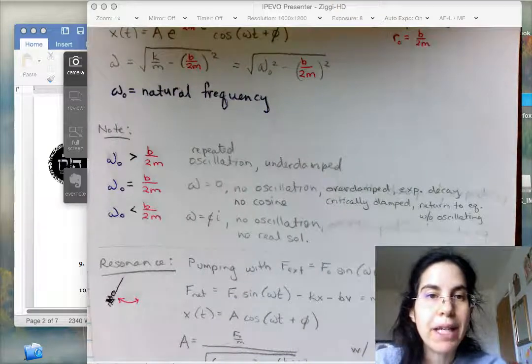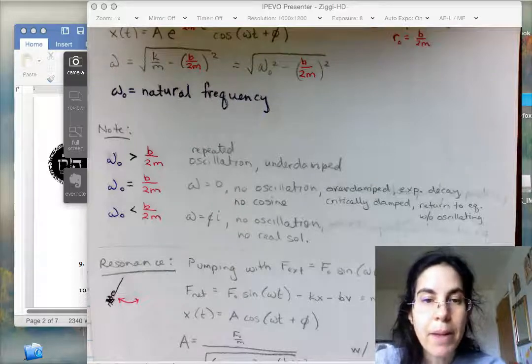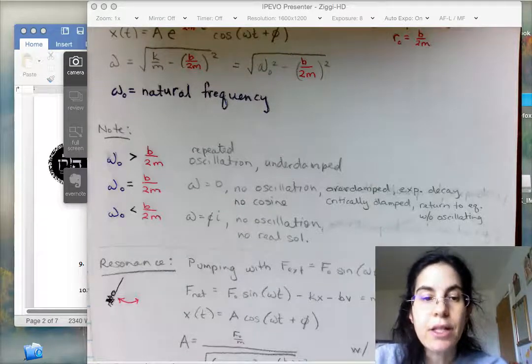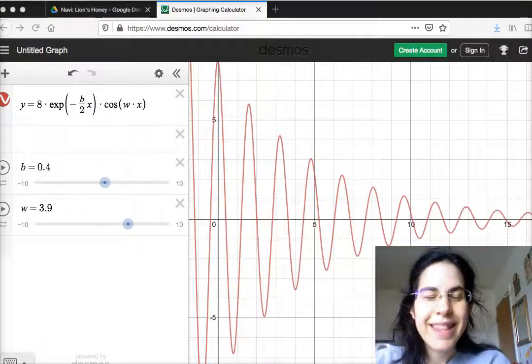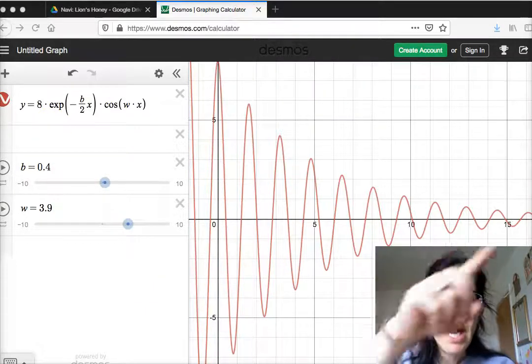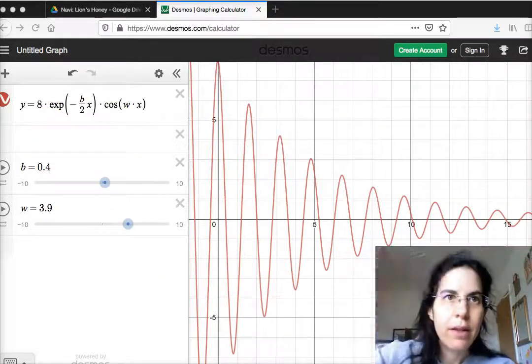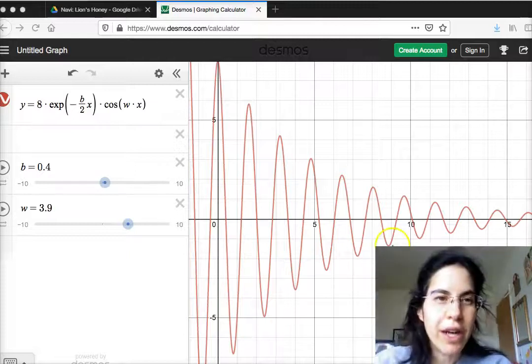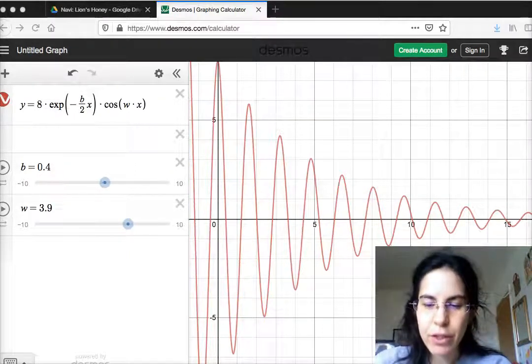This is where the harmonic motion is going to be significantly more powerful than the damping. This is repeated oscillation. This is underdamped motion. It's the graph you usually associate with damped harmonic motion. You can see the harmonic motion and you can see the damping factor exponentially squishing down that amplitude.